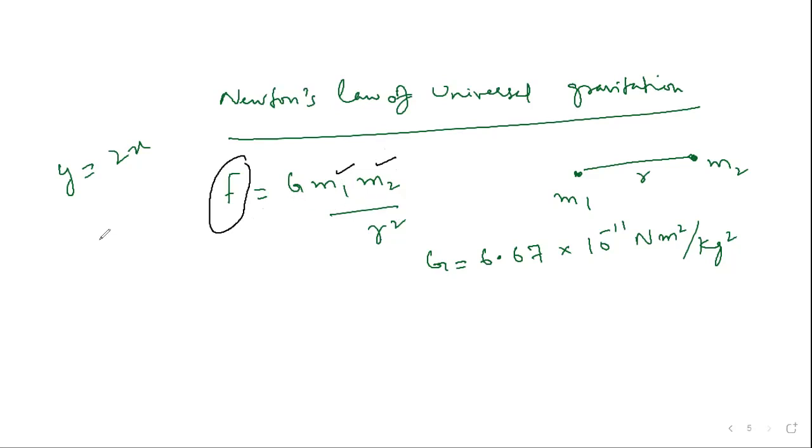G is constant. Now, these variables which appear in the laws of physics and the equations expressing the laws of physics, these variables we call physical quantities, right?